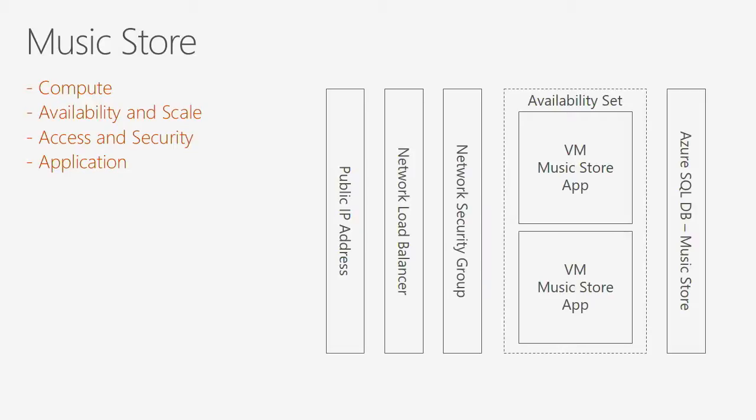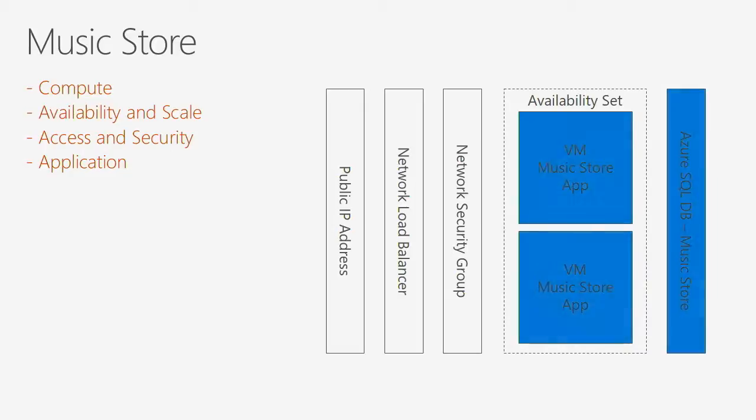I want to deploy this app in a way that it's highly available and scalable. So the first thing we're going to look at from the example is the compute pieces. This is the virtual machines and the SQL piece. Again, I've got the application, the web app, on a virtual machine, and the database in SQL. The next thing we'll look at, and we're going to build this template not starting top to bottom, we're going to start with compute.